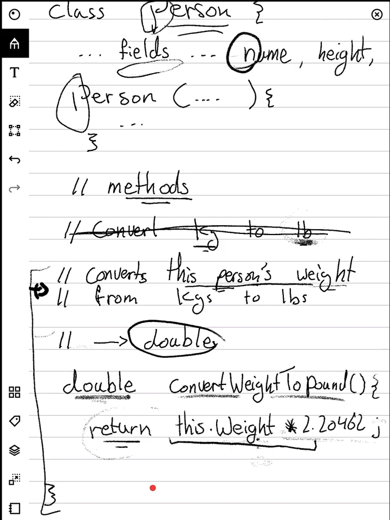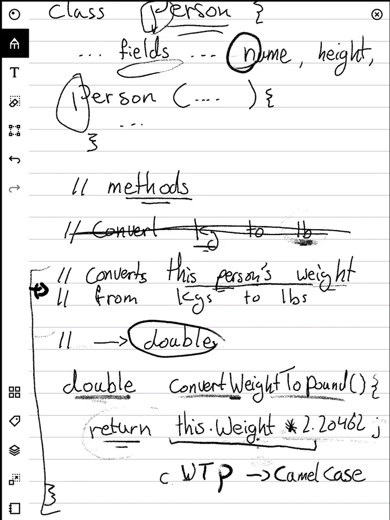Camel case means you start with a lowercase, and every time there's a new word, you can't add spaces, but you capitalize again. So it will be like small c, capital W, and then capital T and capital P again. Does that make sense? Yes. Perfect. So that's called camel case.